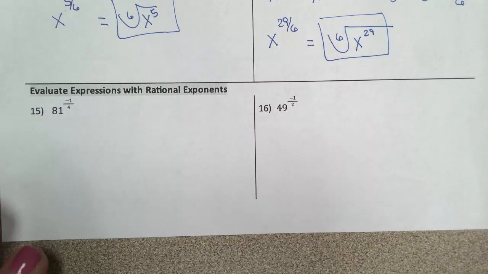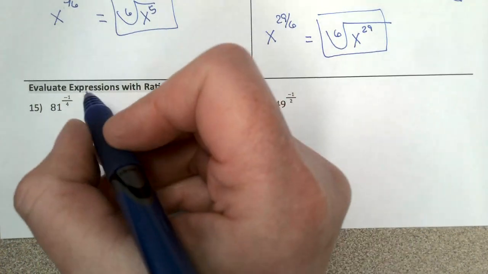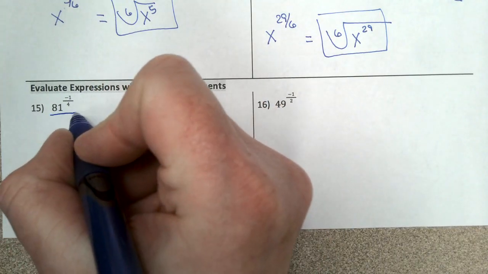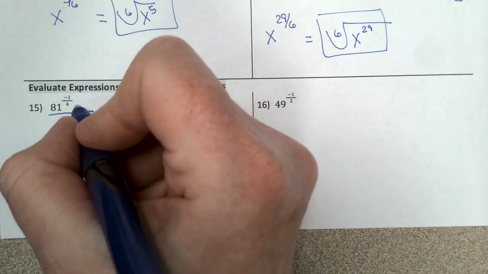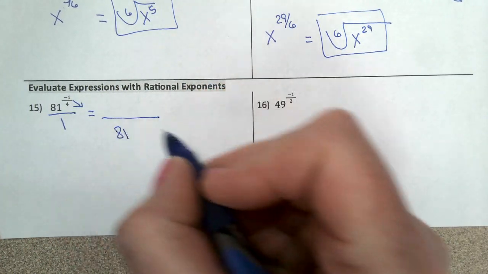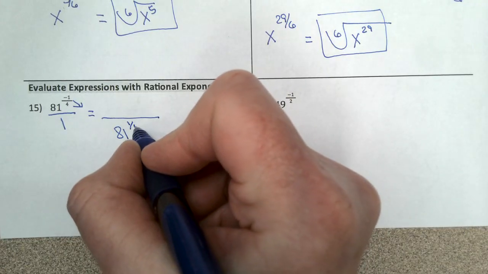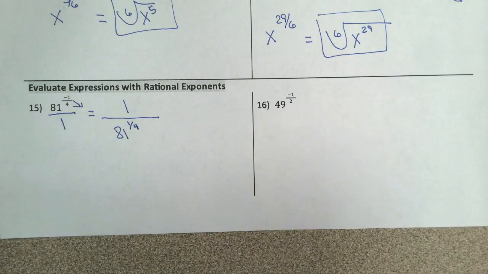And then I have a couple with some negative exponents. We said the other day that you fix negative exponents by flipping it. So that is implied to be over 1. I'm going to fix that negative exponent by sending that term to the denominator. So I have 81 to the 1/4, and I have a 1 in the numerator.